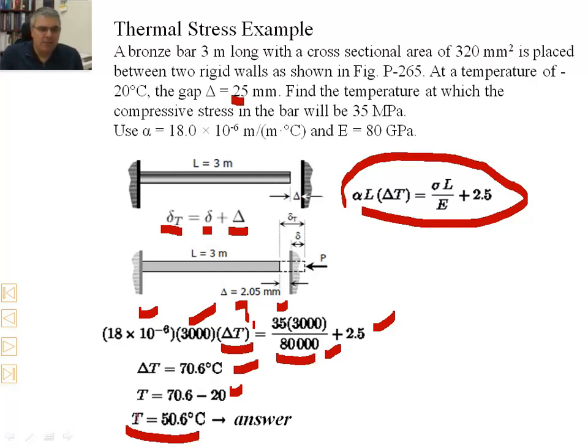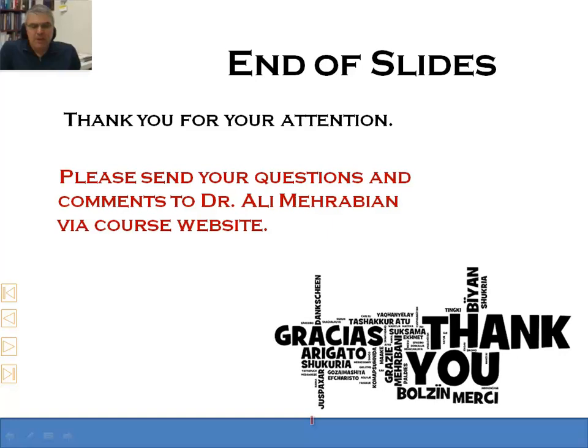In this case, up to 50 degrees Celsius, this bar could be heated up, and then we can make a decision as to use this or to increase the gap, or try to come up with other methods to solve this problem. That brings me to the end of today's topic.